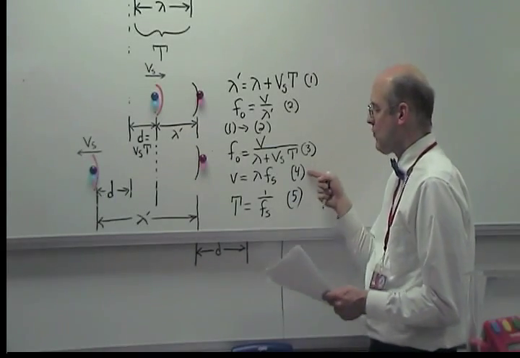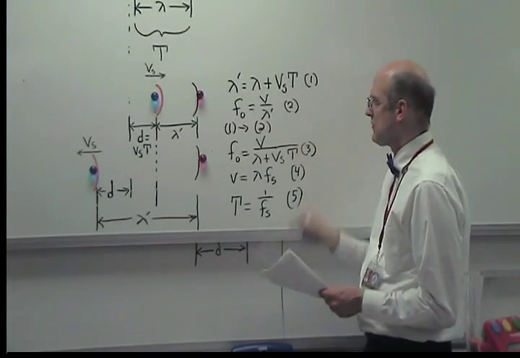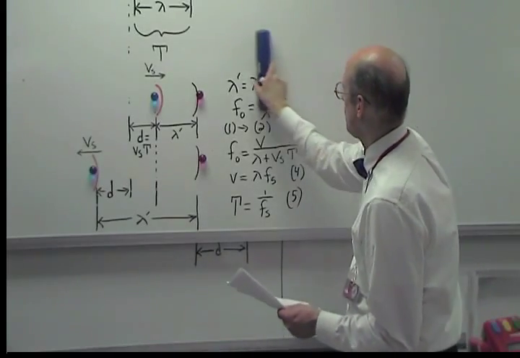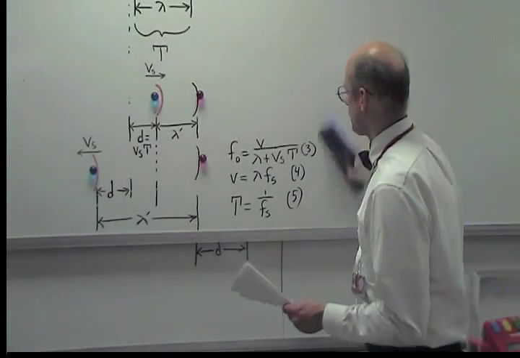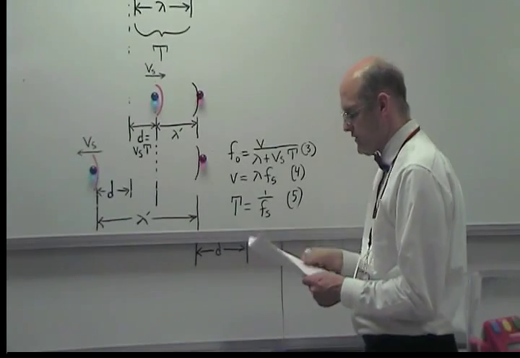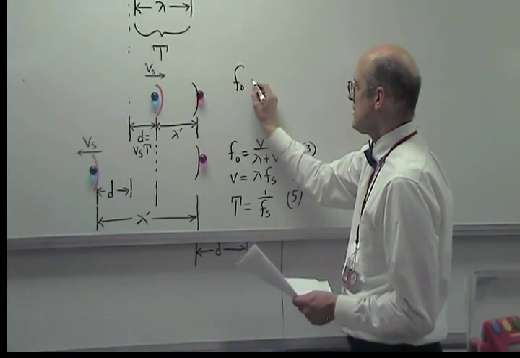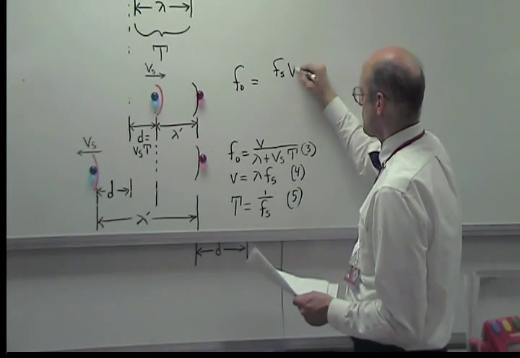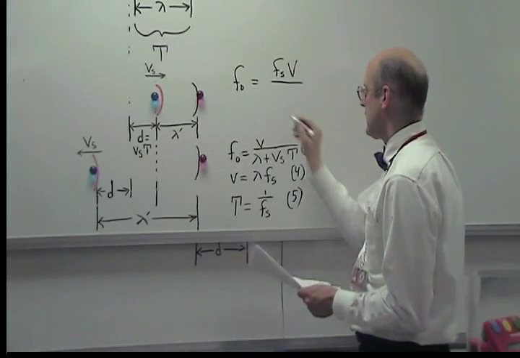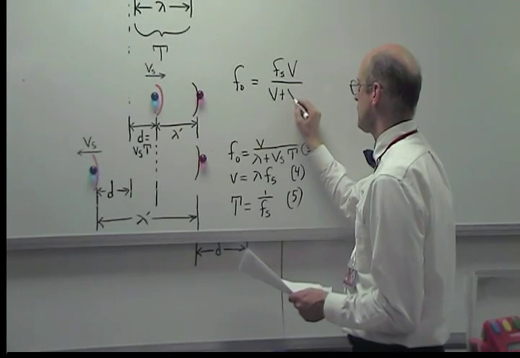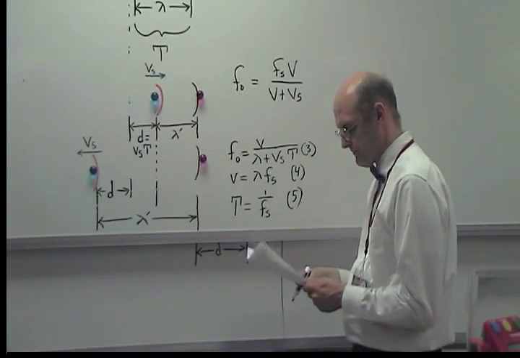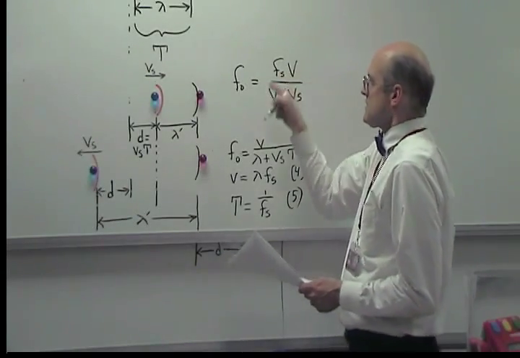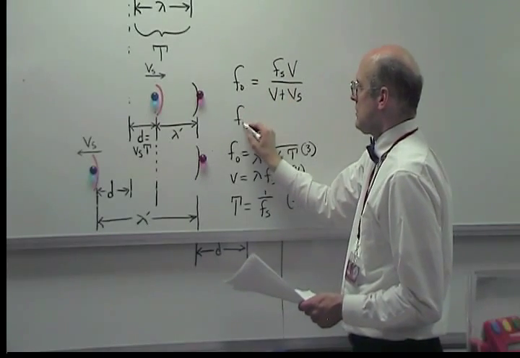Now I'm going to take 4 and 5, and I'm going to insert them into 3. And I'll do that right here. If I do that, I get that the observed frequency is equal to the frequency of the source times the speed of sound divided by the speed of sound plus the speed of the source. This is algebraically equivalent to the following.